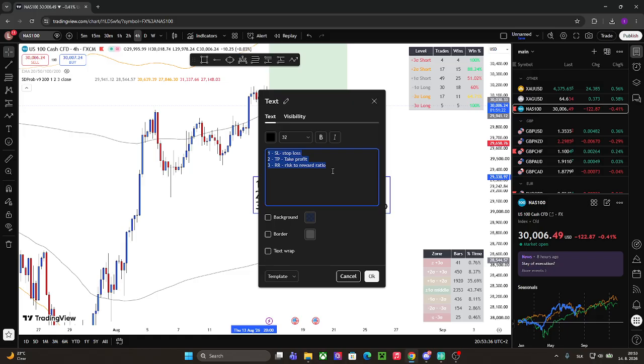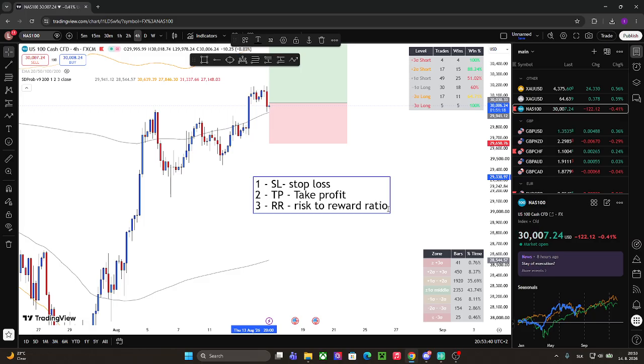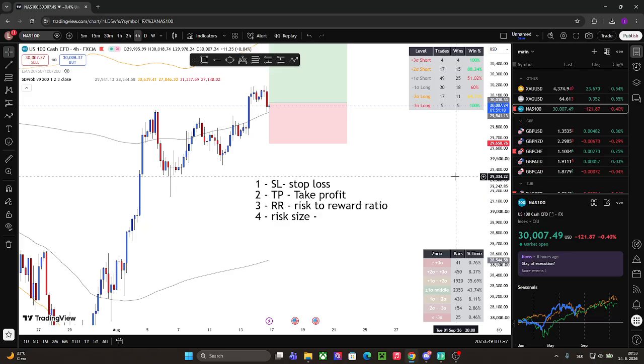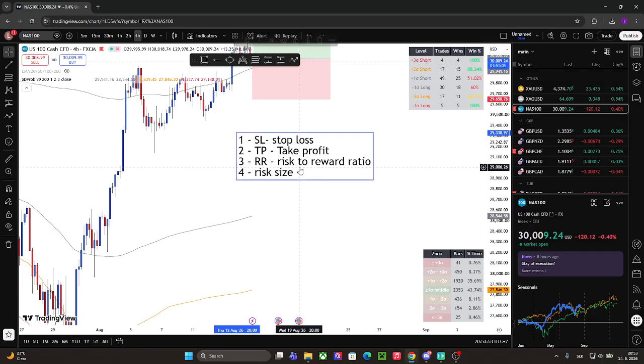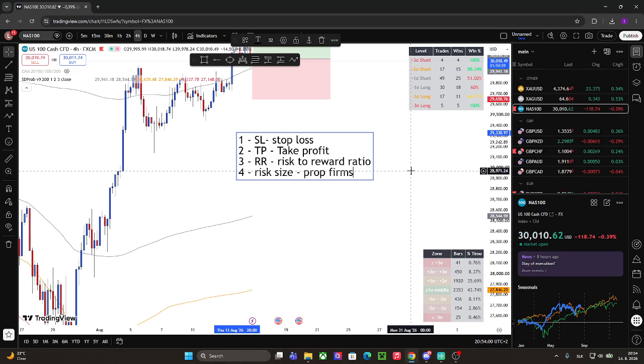Okay, now let's actually talk about how much you should risk for a trade. Risk size. So this really depends on you and what you trade. So let's say you trade prop firms, right?